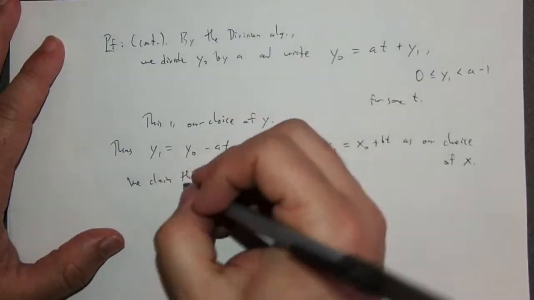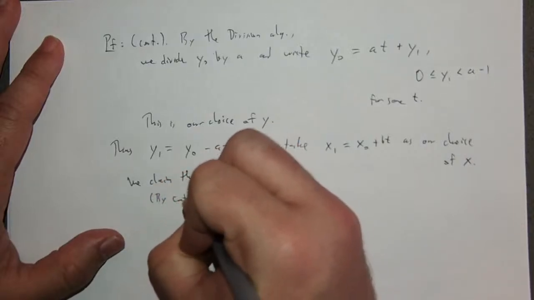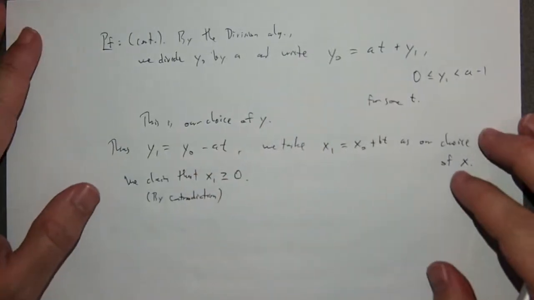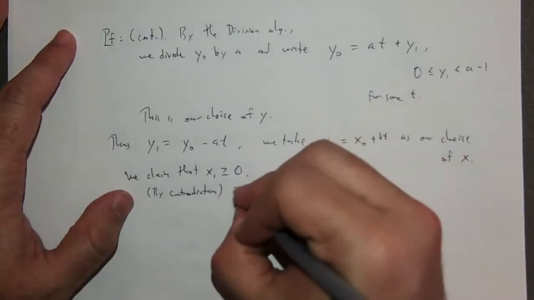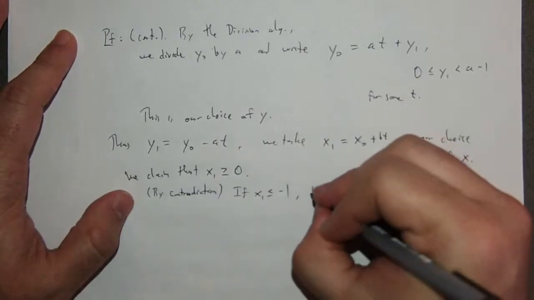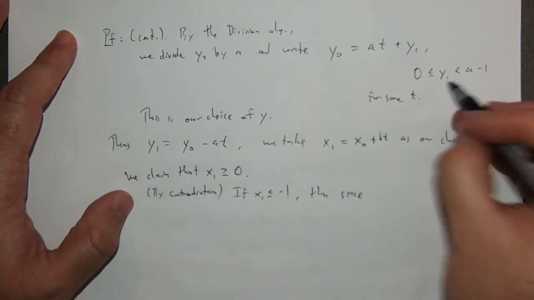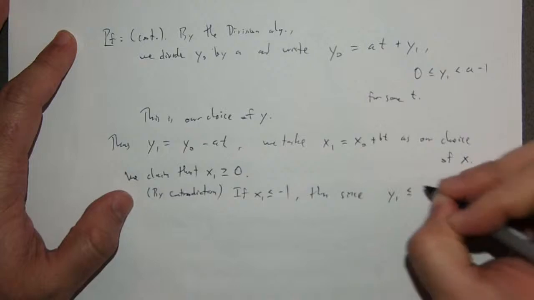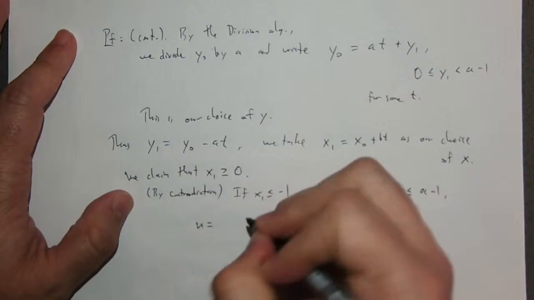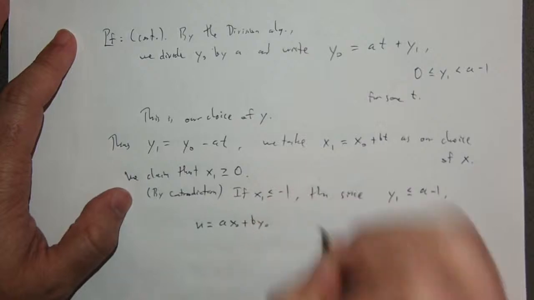Okay, so by contradiction. So if x sub 1 is not non-negative, then what's like the most it could be? So if x sub 1 is less than or equal to minus 1, then since by our division algorithm above, y sub 1 is less than or equal to a minus 1, n can be expressed as ax naught plus by naught.